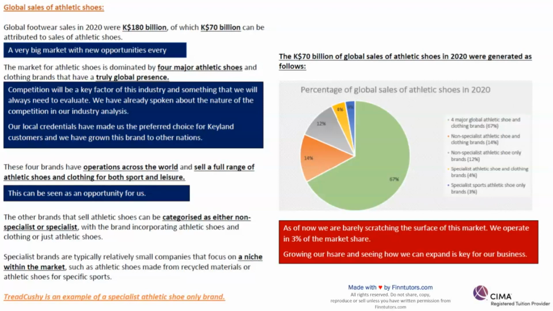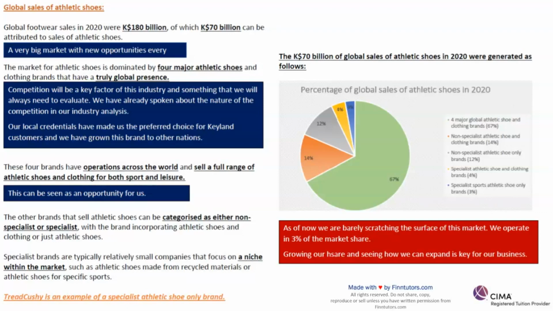The other brands that sell athletic shoes can be categorized as either non-specialist or specialist, with the brand incorporating athletic shoes and clothing or just athletic shoes. Specialist brands are typically relatively small companies that focus on a niche market, such as athletic shoes from recycled materials. TreadCushy is an example of a specialist athletic shoe only brand. You have advantages because you are a specialist on a small niche market.